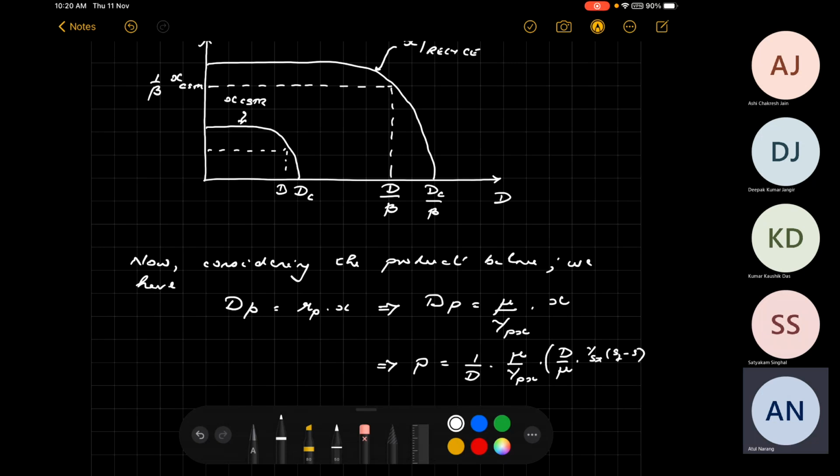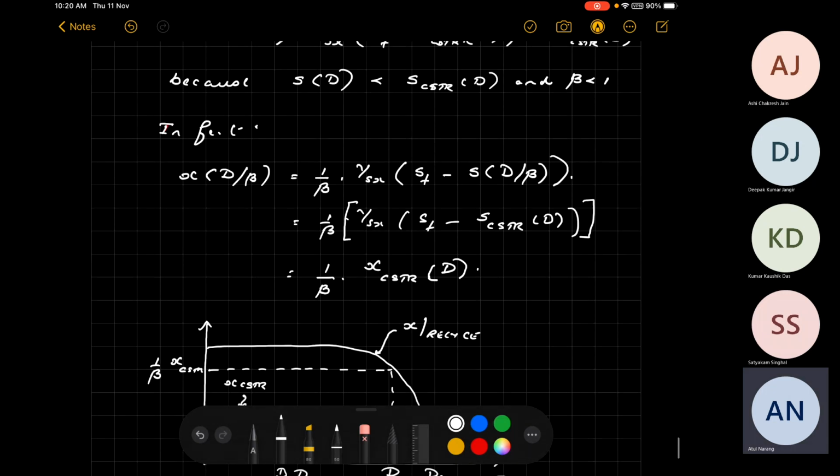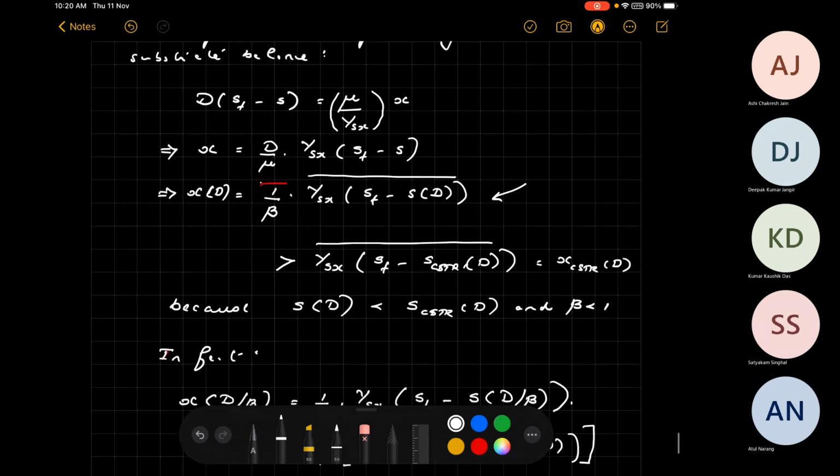This I'm using, this expression here, this one.